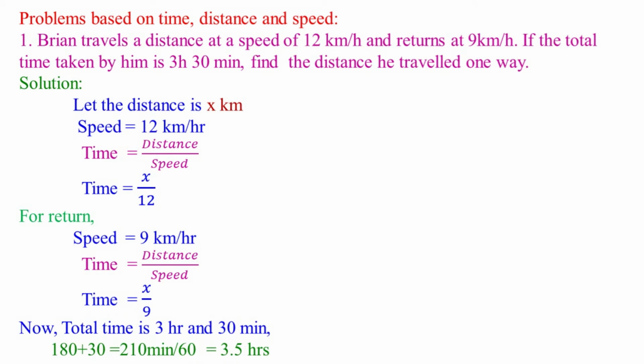So add the 30, you get 210 minutes. But we have the speed in hours, so convert 210 minutes into hours. For converting, we have to divide by 60. On dividing 210 minutes by 60, we get 3.5 hours.